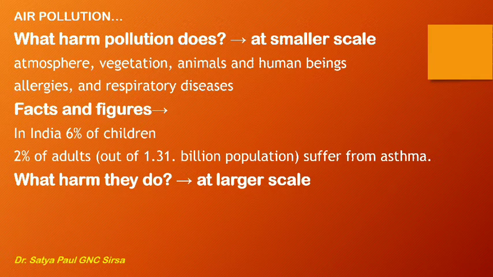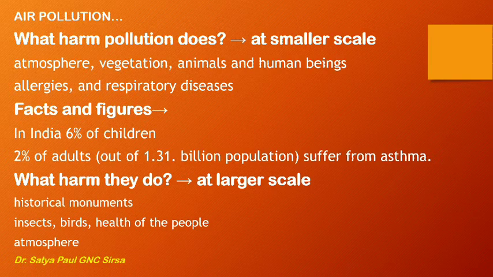So the third thing is, I talked about the smaller scale and then the larger scale. By larger scale, I mean not only human beings. There are so many other animals, insects, birds, and living beings on this planet who are surviving here. Are they affected by air pollution? Yes, that is the larger scale. How are they affected?